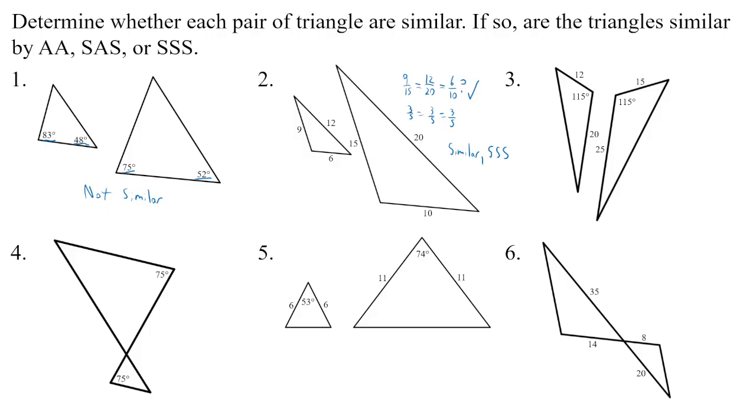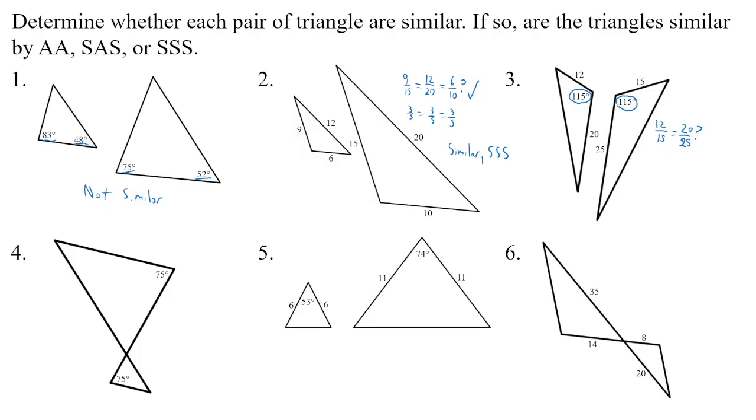All right, next, if you look at number 3, well, we know these two angles are congruent. And the two triangles can be similar by side-angle-side, but let's make sure that the sides are proportional. In other words, is 12 over 15 equal to 20 over 25?